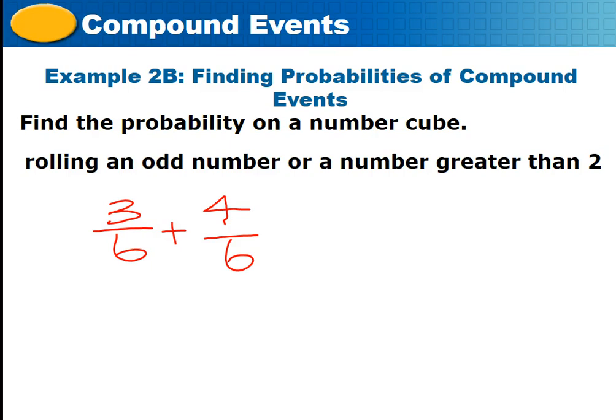Well, it's 3 and 5. So that's 2 numbers. So we have to subtract those 2 numbers again because they are in both groups right now. So let's add the 3 to the 4. That's 7 minus 2. That's 5. So our probability of rolling an odd number or a number greater than 2 is 5/6.